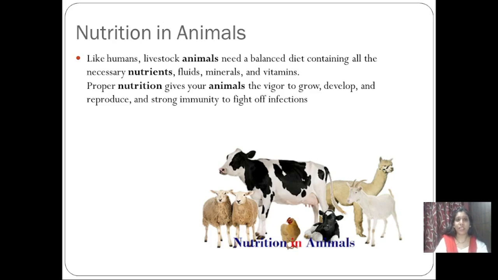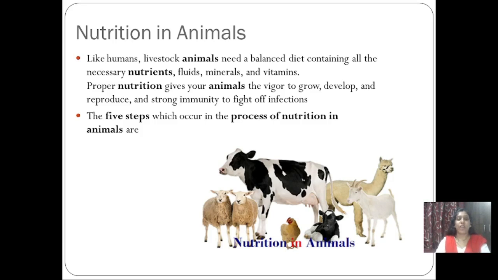So with this, let us begin nutrition in animals. The 5 steps which occur in the process of nutrition of animals are: ingestion, the food is taken in. Digestion, the food is converted into simple soluble forms. Absorption, now this simple soluble form is transferred to the blood.